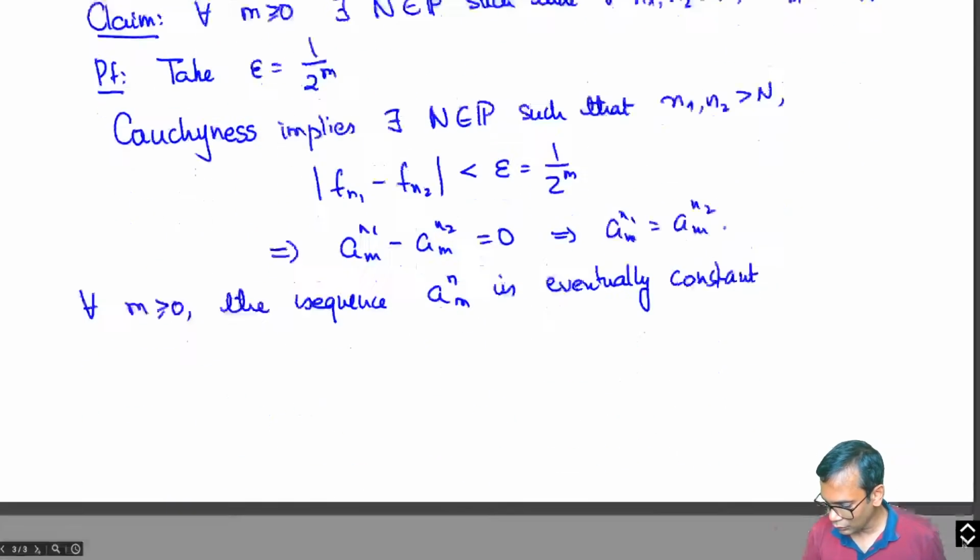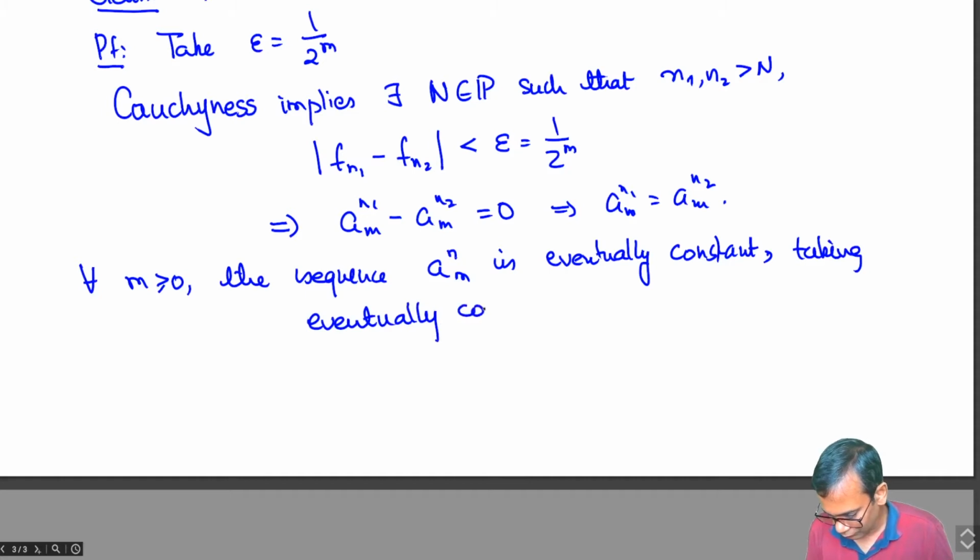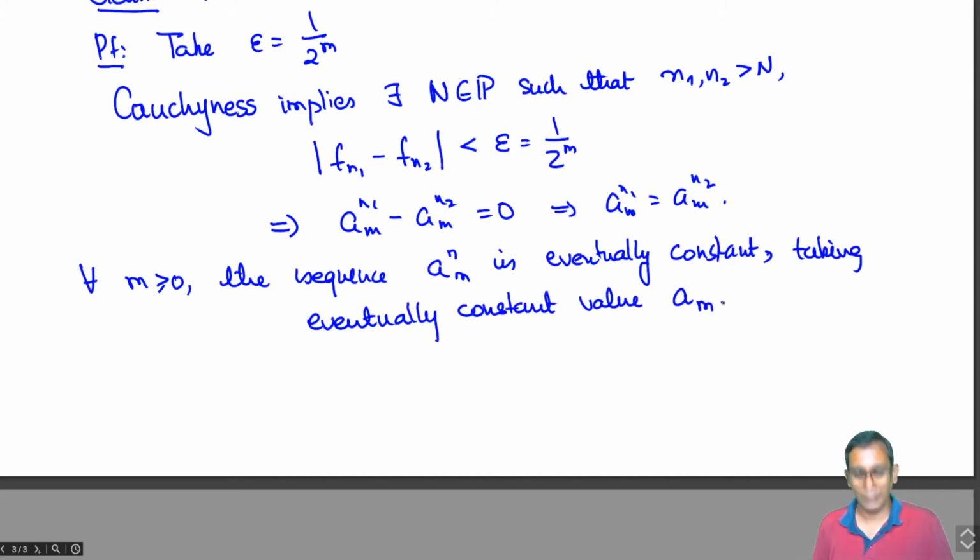So what we'll do is we'll define the limit to just be the series whose coefficients are those eventually constant values. Say, taking the eventually constant value a_m.